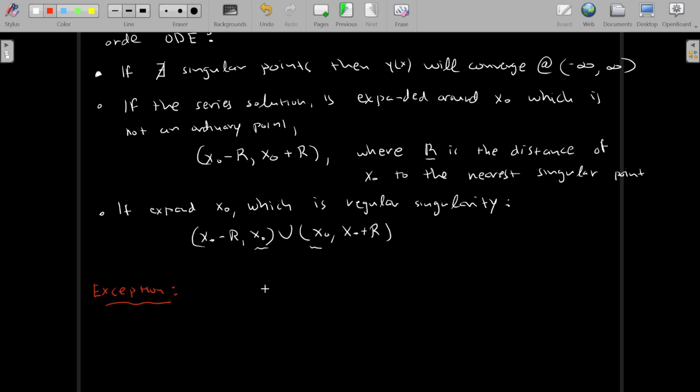The exception has to do with when the series we're talking about is going to break down to a polynomial. And naturally, this won't hold.